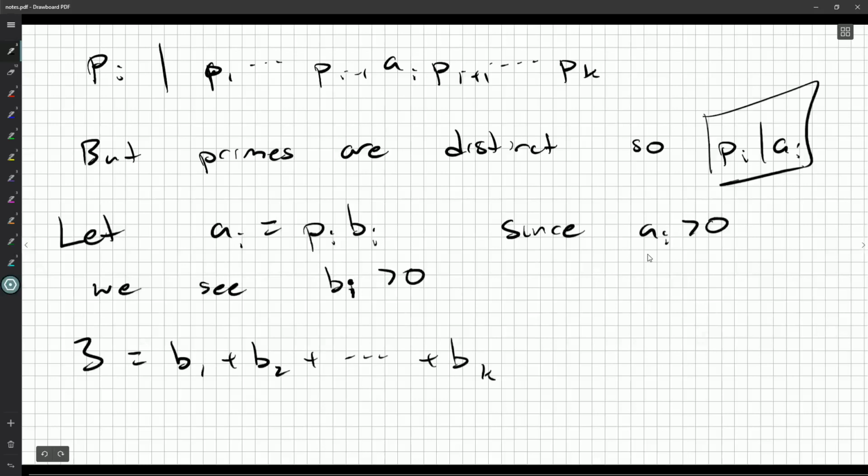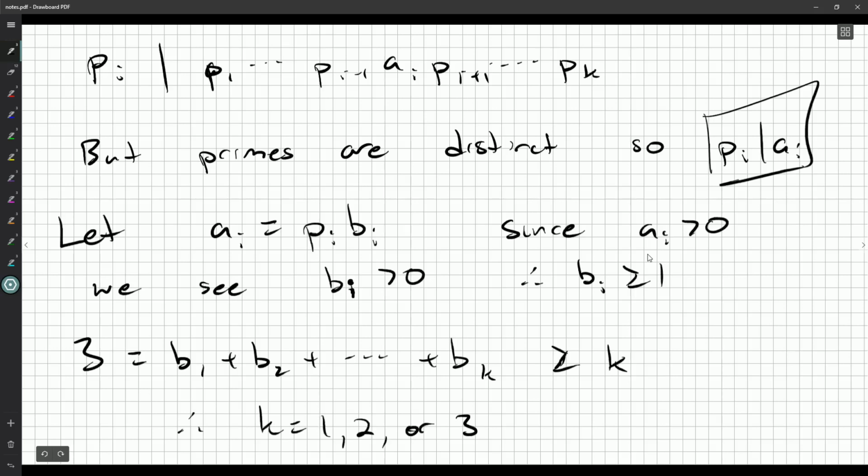Since the BIs have to be positive integers, they're each at least 1. So 3 has to be greater than or equal to K, however many Ks we use. So K is 1, 2, or 3, and that's how we can rule out you can't have 4 different prime factors.